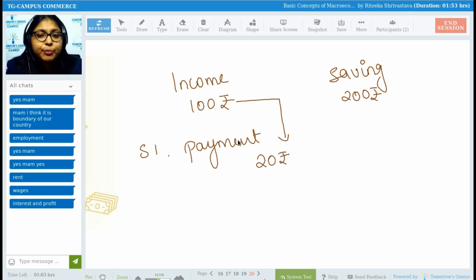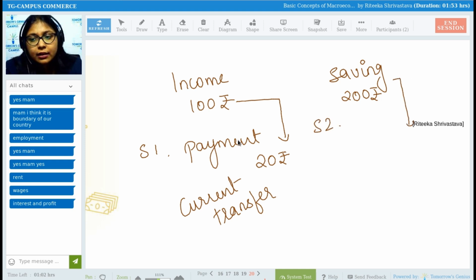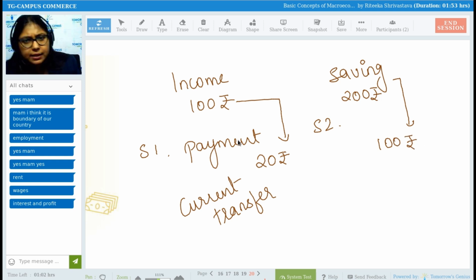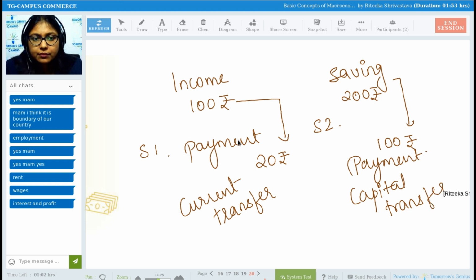So this type of payment will be called a current payment. Whereas in situation 2, I am paying 100 rupees from my savings, which I have accumulated in the past. Then in this case, this payment or this expenditure which I have made will be called a capital transfer.